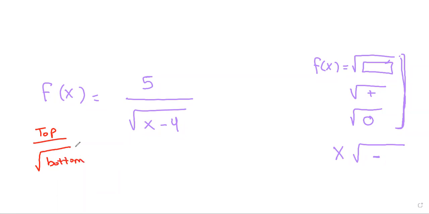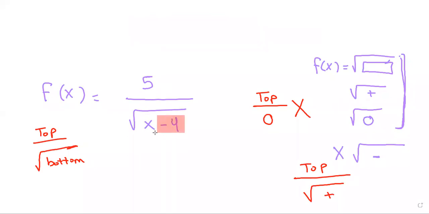If we have a square root down, we couldn't find the square root of 0 because any number over 0 is undefined. So if we have any numerator on top, I don't care about it, we can find the square root of positive only.